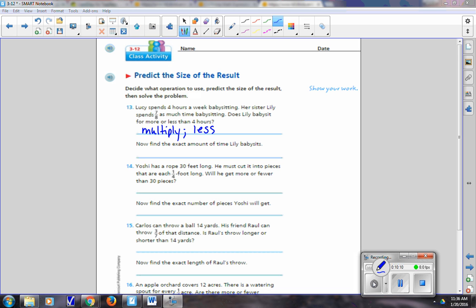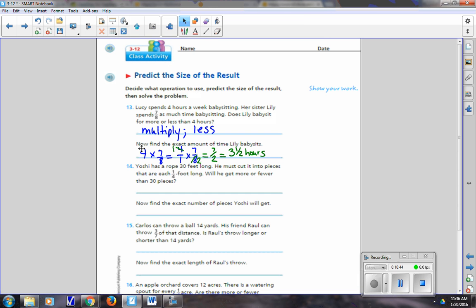So we are multiplying because we're trying to see 4 times 7/8, which is really 4 over 1 times 7/8, isn't it? Okay, so I'm going to reduce here, because I like to do that myself, equals 7 2s, which really equals 3.5 hours, which is less than what Lucy babysat.